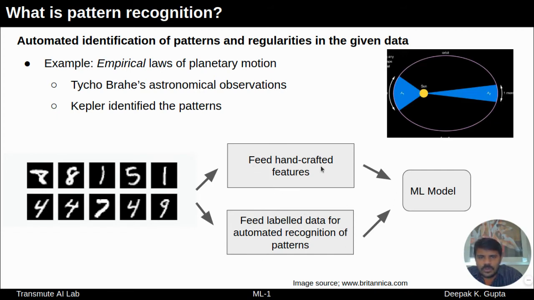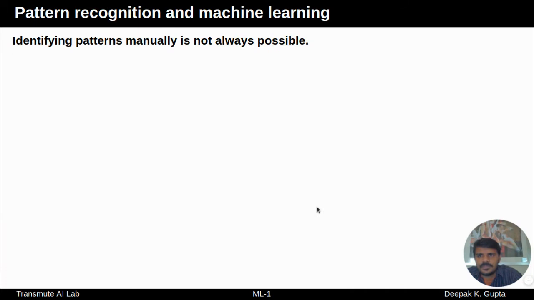So on the top we have handcrafted features, on the bottom we have features which are directly derived from the data. This is not typically an ML model, this would be just a traditional classification model. Now the idea is that this one on the top is not a data hungry model. You don't really need to give it a lot of data during the training time. This one, you need to give a lot of data during training time, but then it has its own advantages. We'll see another example.